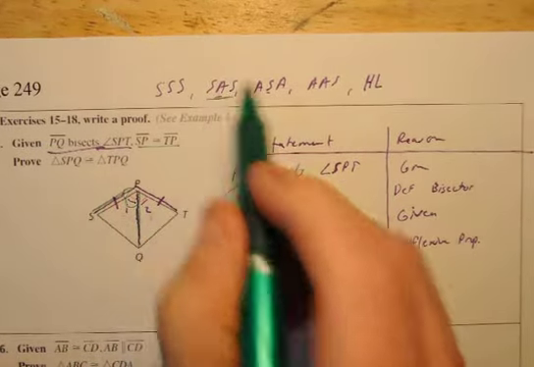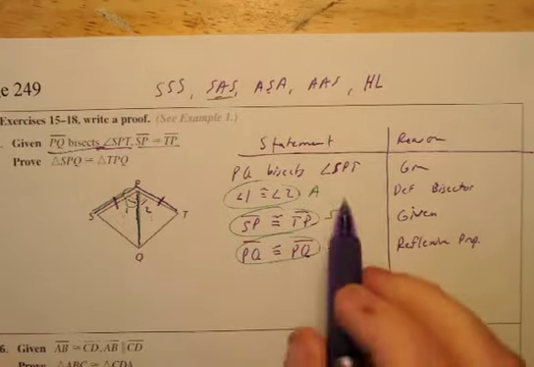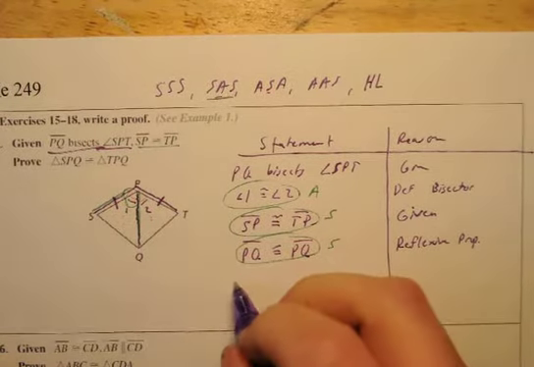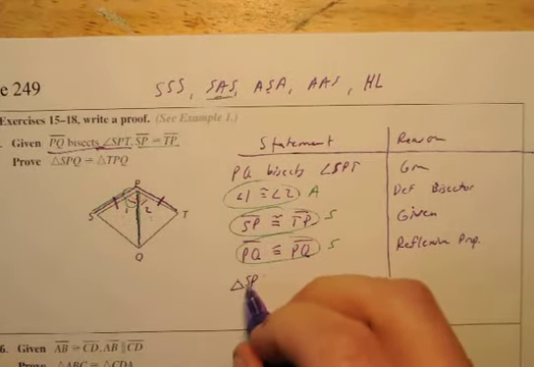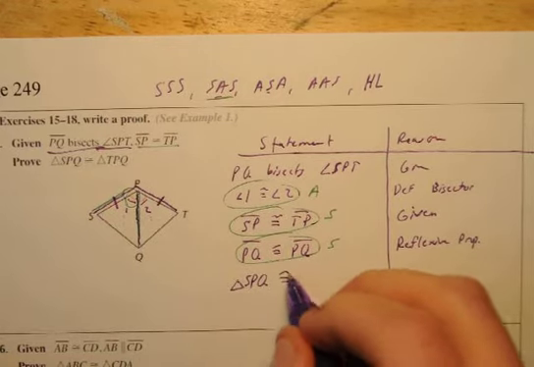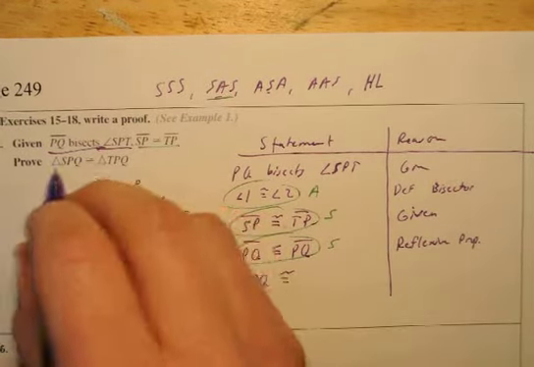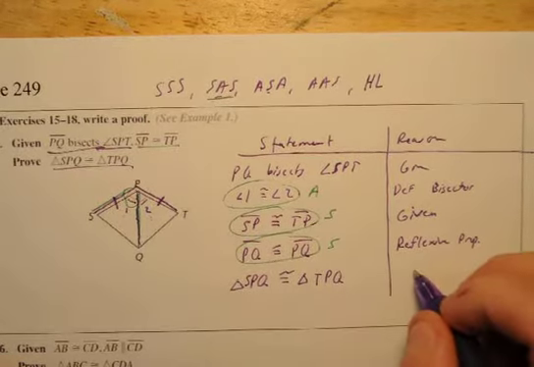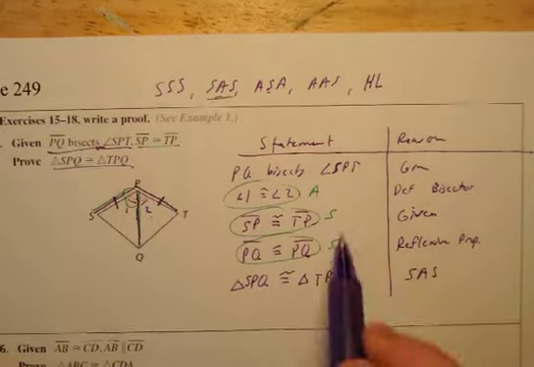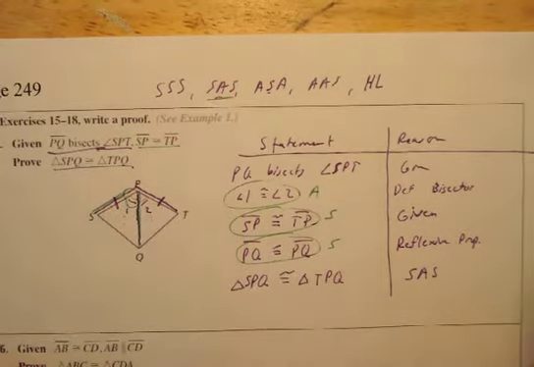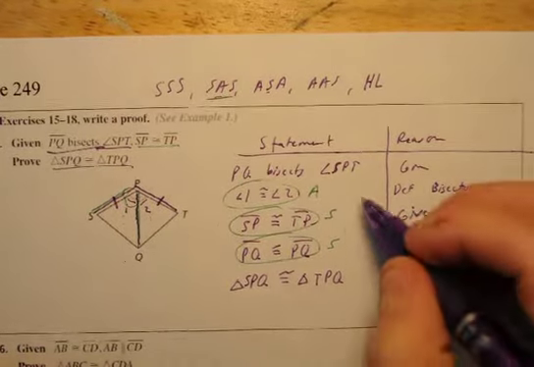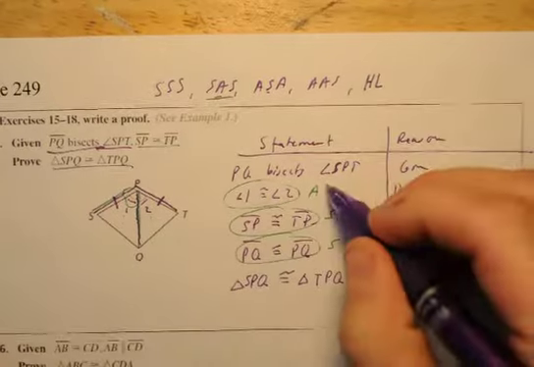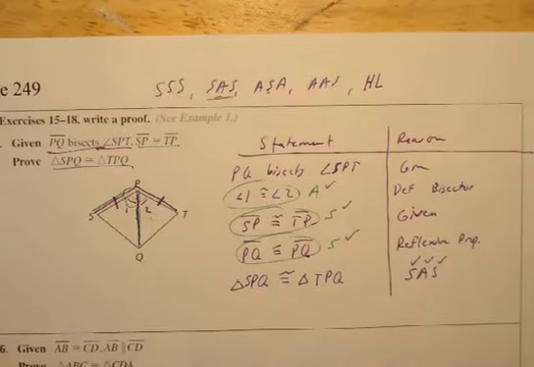That would be side, angle, side. So now we can make the conclusion. We have enough evidence now to make the conclusion that triangle SPQ is congruent to triangle TPQ by side, angle, side. Even though it's not in the right order in the proof, we've got a set of sides, we got a set of angles, we got a set of sides. We're good to go.